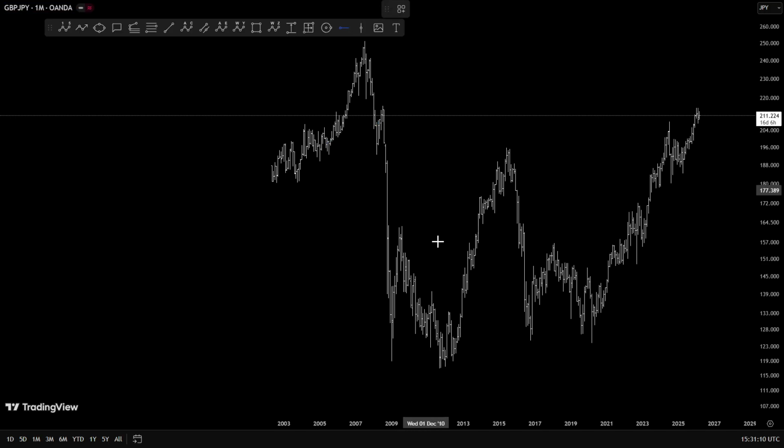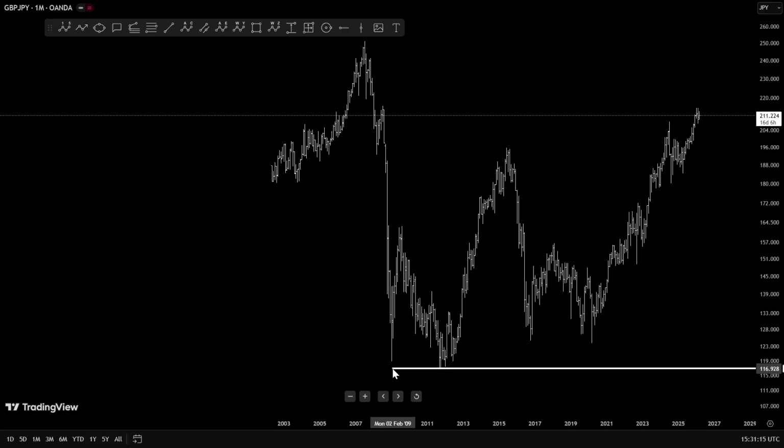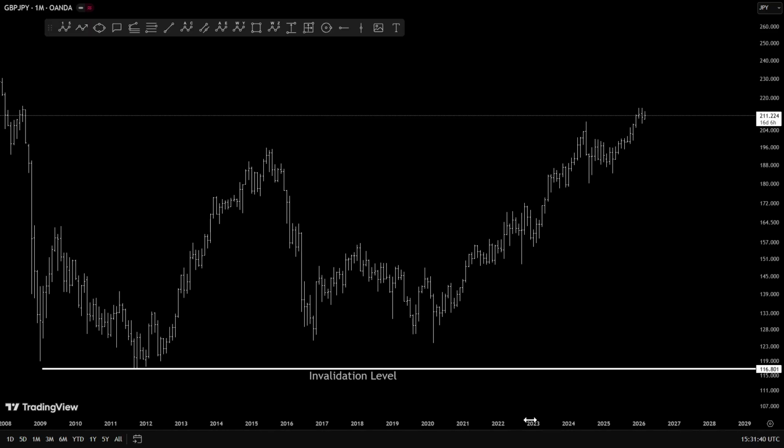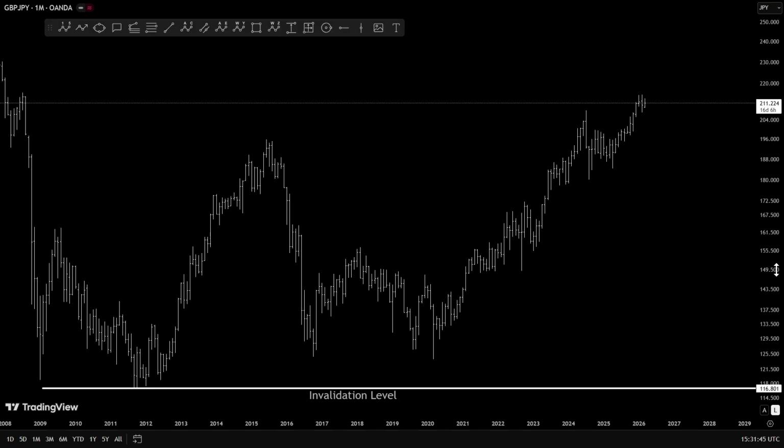As you know, we always start by identifying our invalidation level, and what we see on this chart right now is what is called a zigzag pattern.